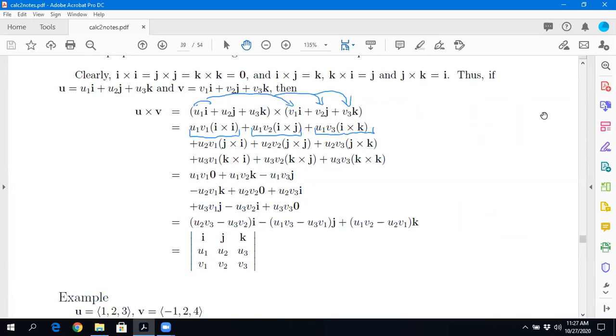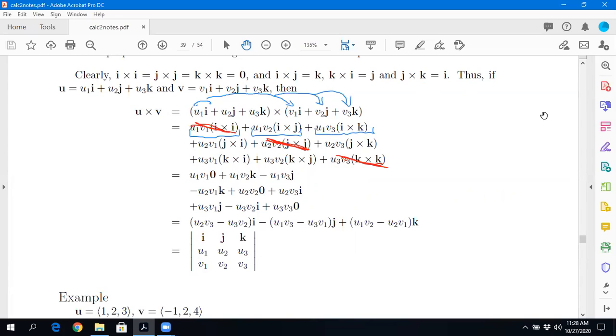And similarly with u2j, I get u2 v1 J cross I, u2 v2 J cross J, u2 v3 J cross K, etc. Now, a lot of these things are going to go away. What's I cross I? That's 0, so that's gone. This one's gone because that's J cross J. This one's gone because that's K cross K.